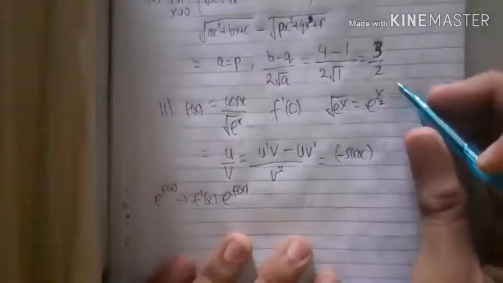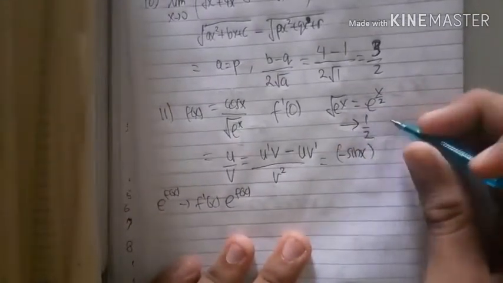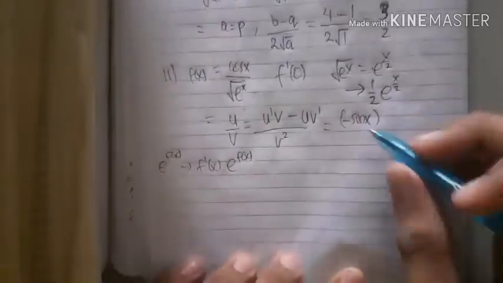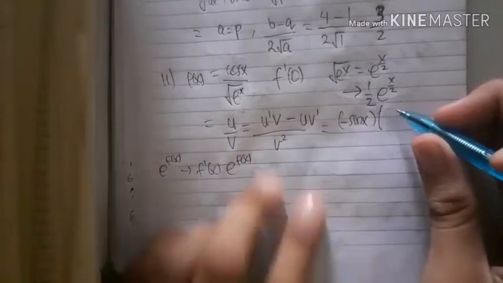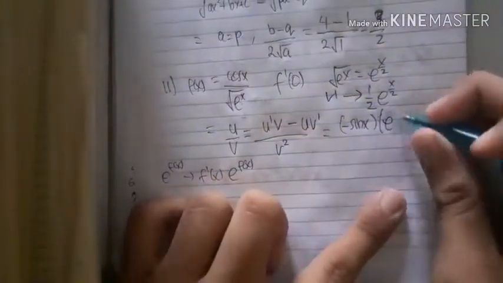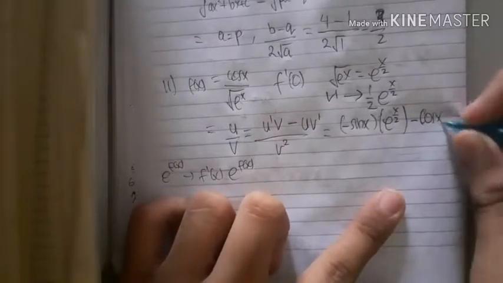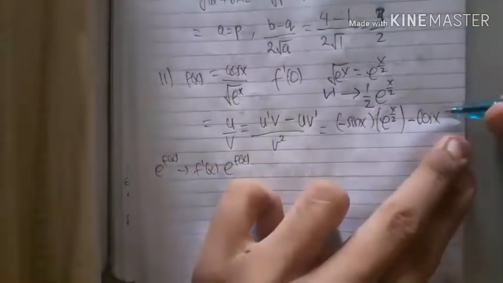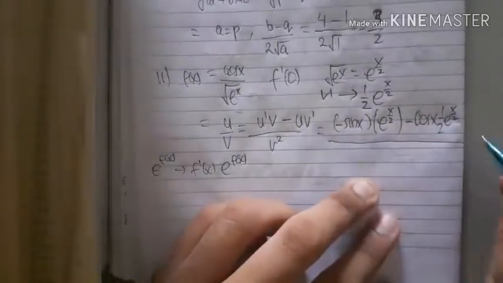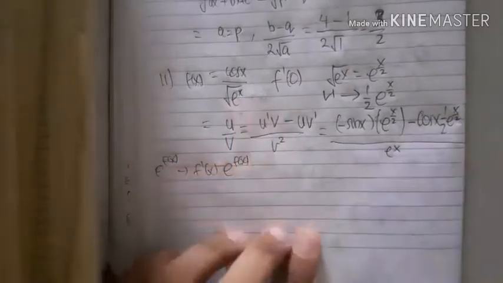So the derivative of half x is half, and we get half e to the x over 2. So that is for v, but we just use v here. So e to the x over 2 minus cosine x, and now we use this half e to the x over 2, divided by this squared, so e to the power of x.